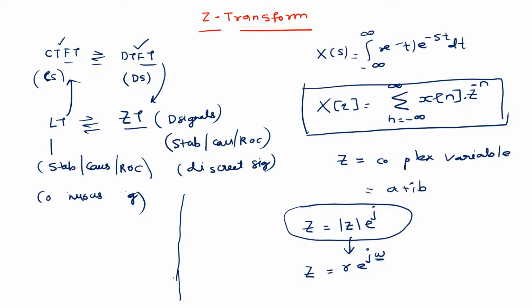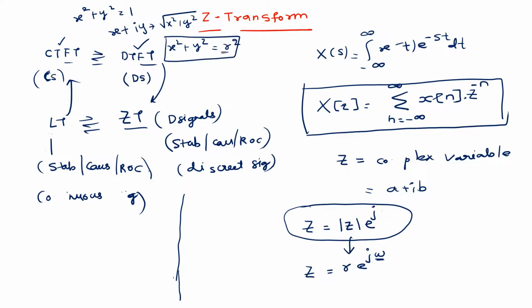For a circle, for example, we know the circle equation is x square plus y square equal to 1. A complex variable can be represented as x plus iy. The magnitude of this is the square root of x square plus y square, and if we square that we get x square plus y square equal to r square. So the magnitude is nothing but r, so it represents a circle.